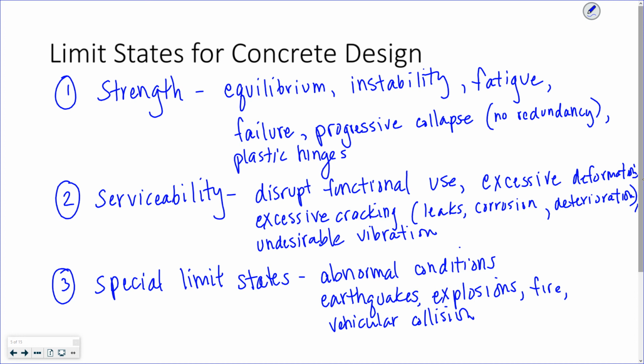But many buildings, like a random office building, is probably not going to be designed for an explosion, unfortunately, in this day and age. But yeah, so strength and serviceability, and then special stuff. Strength and serviceability is generally what we focus on, especially at the introductory design level.